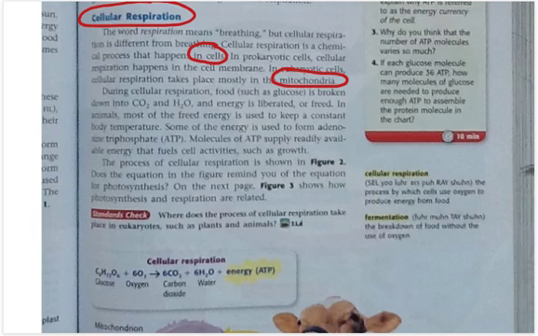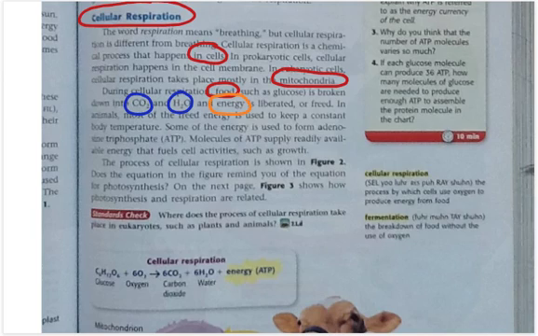During cellular respiration, food, such as glucose, is broken down into CO2 and water. CO2 and water. And what we get from that is energy. That's what we want. Energy is liberated or freed. Okay?